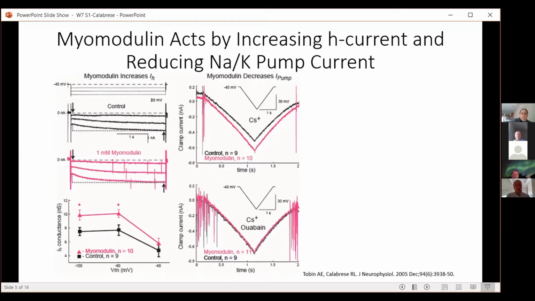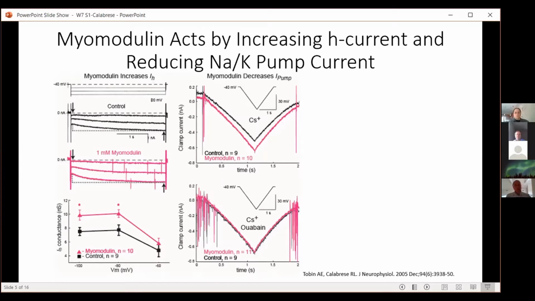She also found, using voltage ramps, that there was a reduction of an outward current in myomodulin. You can see that in the right-hand panel in magenta.